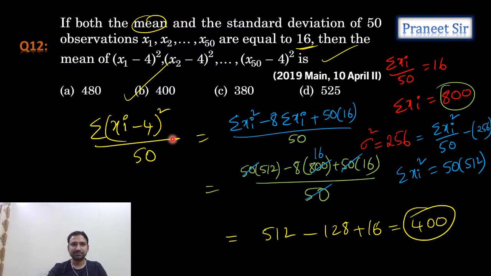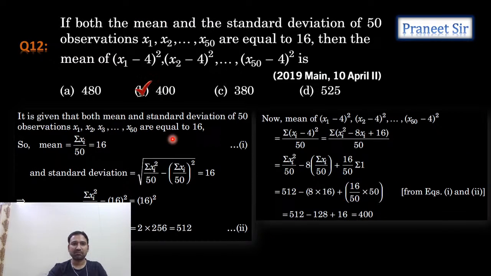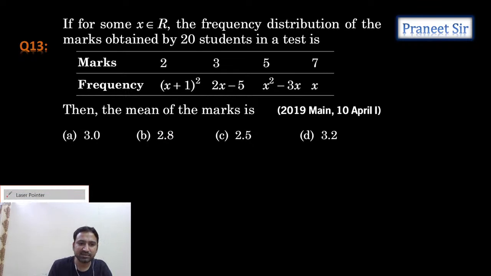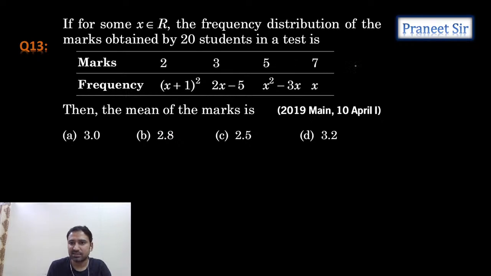Let's do the next one. Yeah, this is the next one, guys. The frequency distribution of marks obtained by 20 students. So guys, he is giving it as 20 students. But the number of observations is sigma fi only, right? n is equal to 20 is equal to sigma fi.